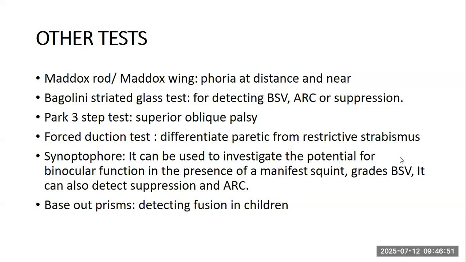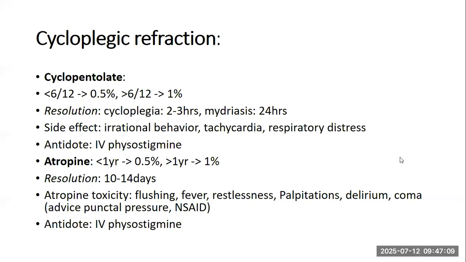But the left eye now realizes, oh, I'm not meant to be doing this, and it makes a refixation saccade towards the primary position. The covered eye as well is expected to follow it. So if that does not happen, you know that the child is not fusing properly. All right, so that's for the examination of the strabismus.